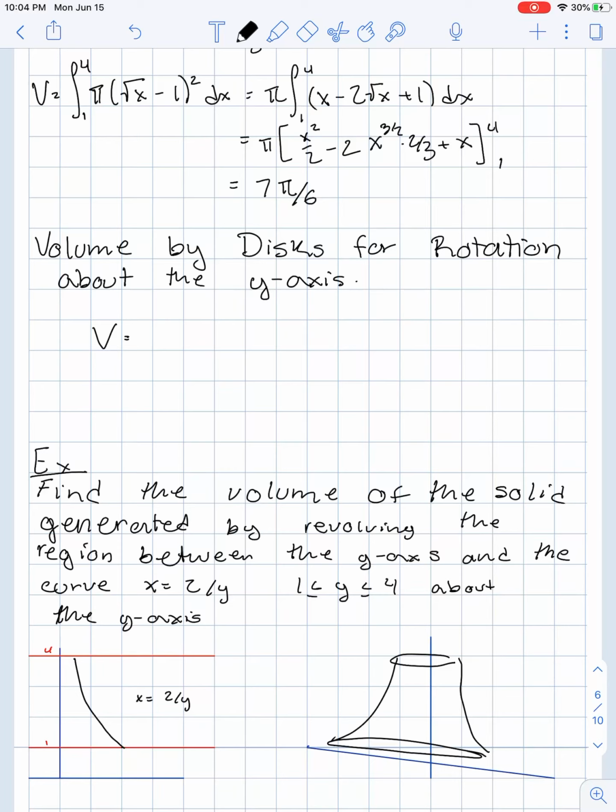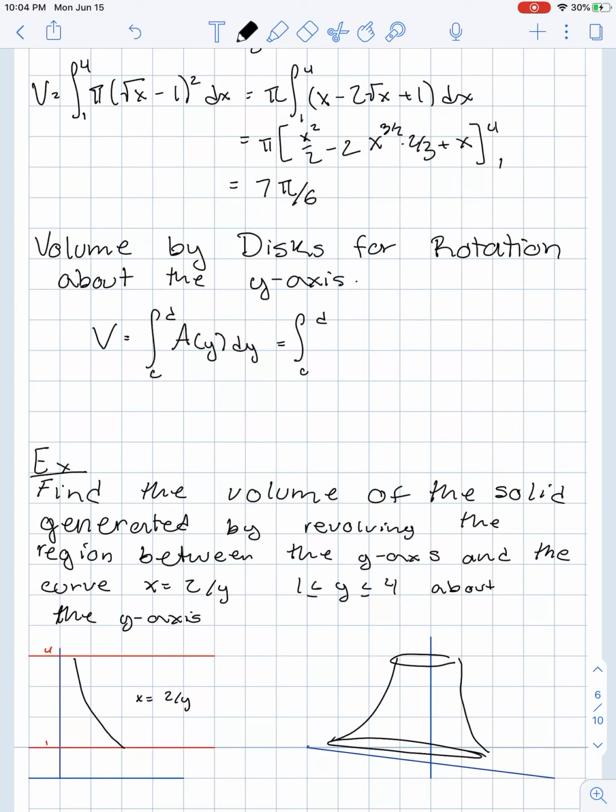We talked about integrating area between curves about the y-axis, and it wasn't too different. So now we're going to integrate from C to D, which is just the equivalent to A to B on the y-axis. And our cross-section is not going to be A of x, it's going to be A of y.